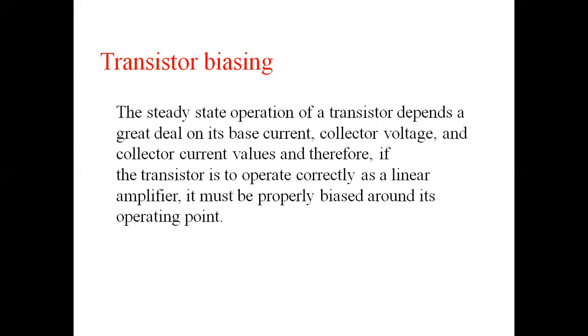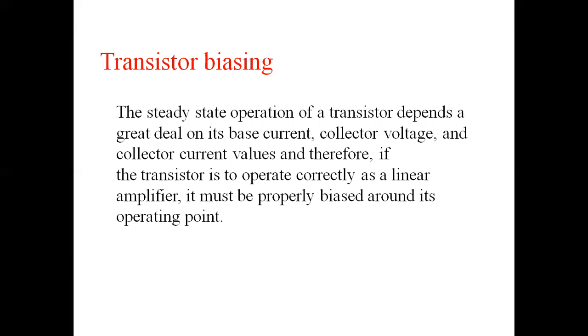Next, transistor biasing. The steady state operation of a transistor depends a great deal on its base current, collector voltage, and collector current values. Therefore, if the transistor is to operate correctly as a linear amplifier, it must be properly biased around its operating point.